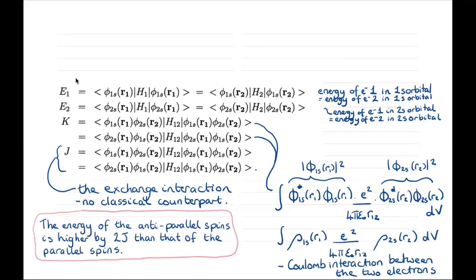And so the magnetic arrangement, the arrangement with the spins parallel, which has a net magnetic moment, is the lower energy arrangement.